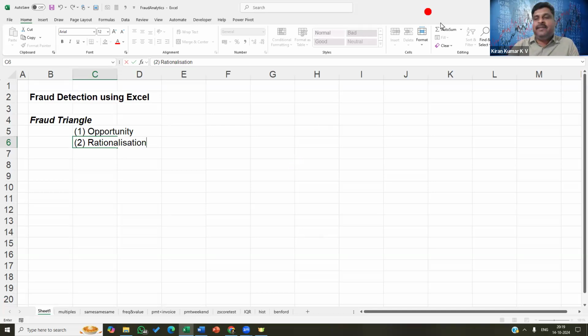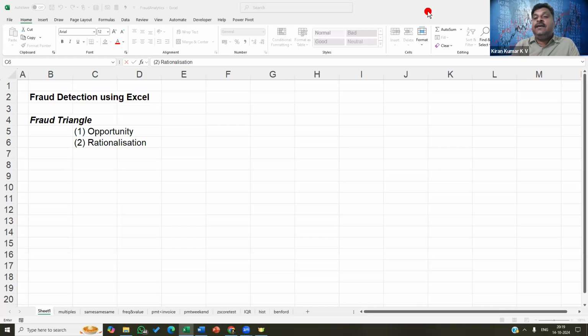For example, I might think, I'm not the only person doing this fraud, everybody is doing it, so I'm also doing it. That is one way of rationalizing your own act. Or secondly, you might say there are people who are stealing crores of money, so I'm only stealing, let's say, 100 rupees. It's not a very big amount. So I'm basically rationalizing it.